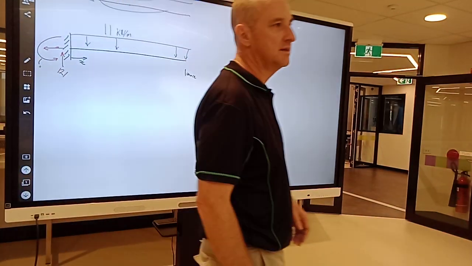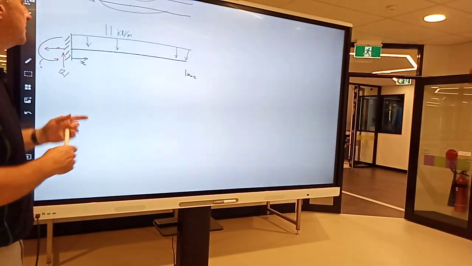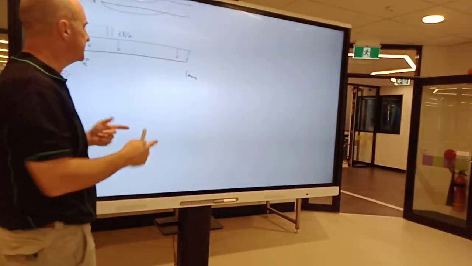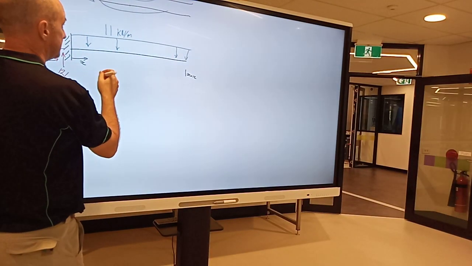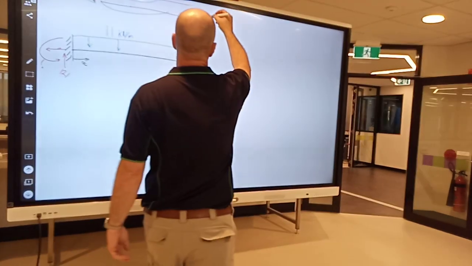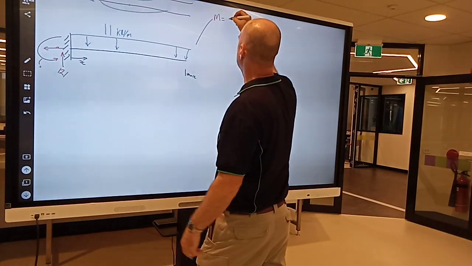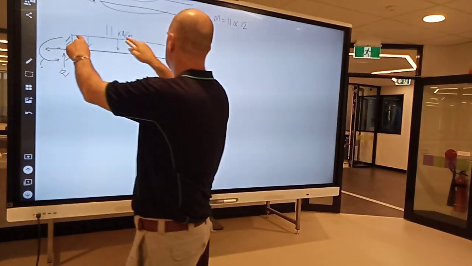This is a bit harder. To do that, we need to consider this whole force and where its center of action is, which is halfway along. And so that will be, I'll do it up here, M equals 11 times 12. That's the whole force.